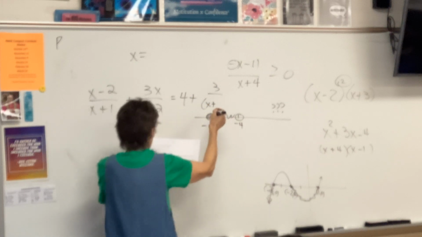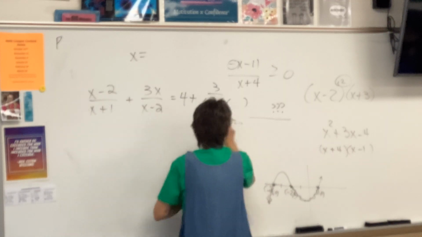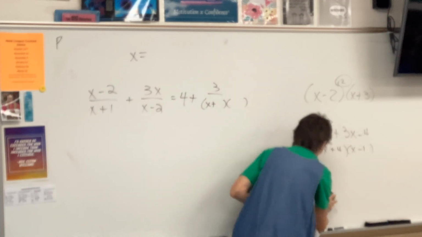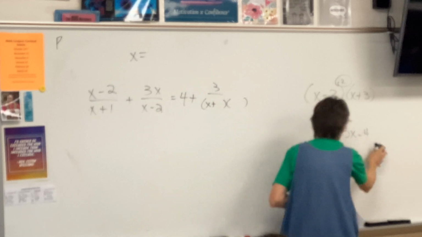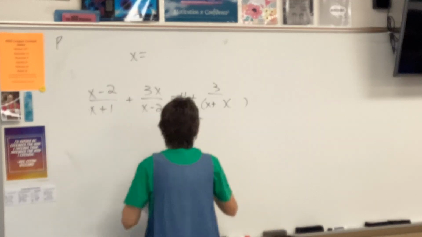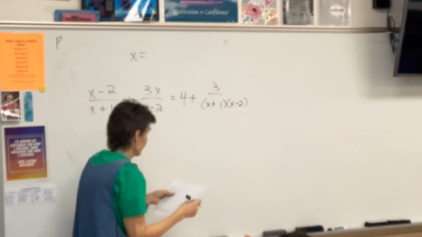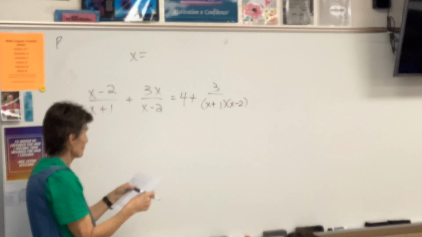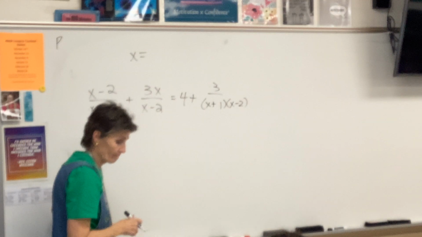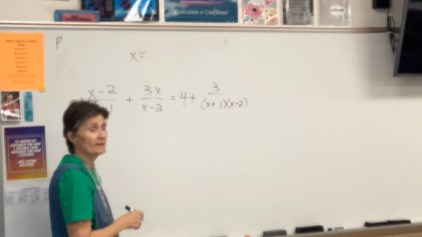I'm going to go ahead and factor my denominator. That last denominator can be factored. Dollars to donuts, it factors like this. This one will catch you if you're not paying attention.